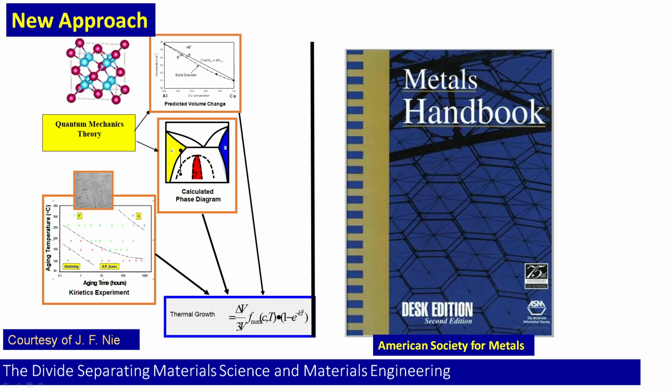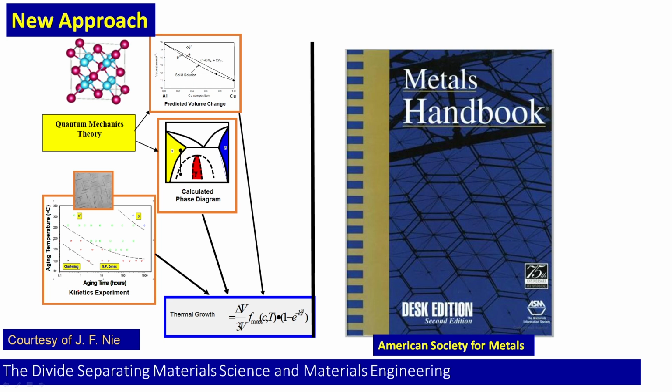So, from quantum mechanics you have to go to the calculation of phase diagrams, and not only that, once you calculate the phase diagram, we also need to study what will happen in terms of kinetics. If you want to manufacture something, how will kinetics change if you apply a thermal gradient, if you apply temperature, if you apply some kind of field? So, the divide separating materials science and materials engineering is very clear now, because here we are going to make a component, we want to make some objects.